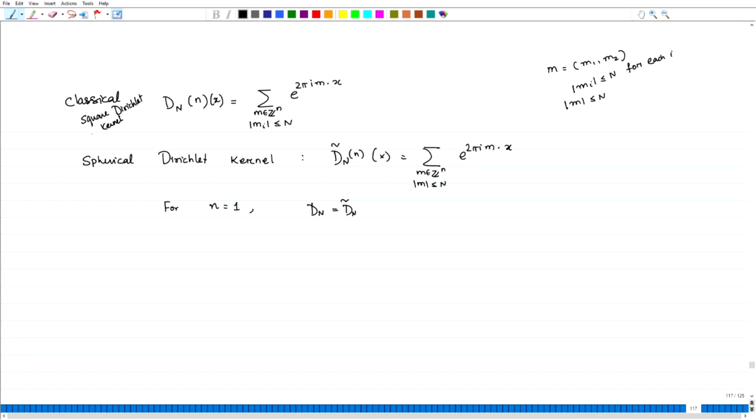As you can see, D n in dimension n at x is going to be D n of x 1 multiplied by D n of x n.